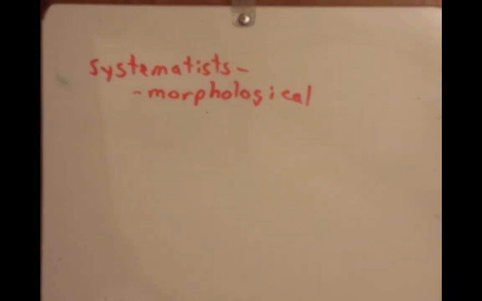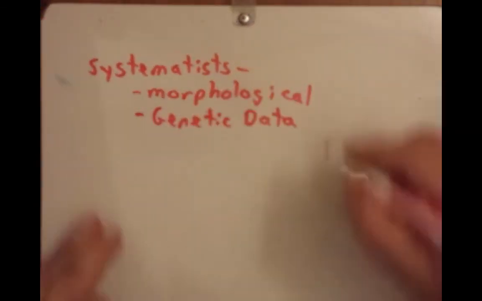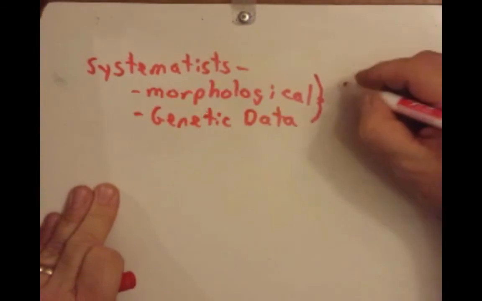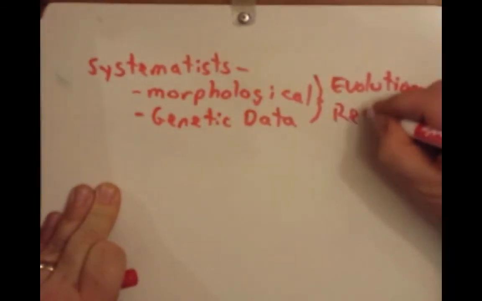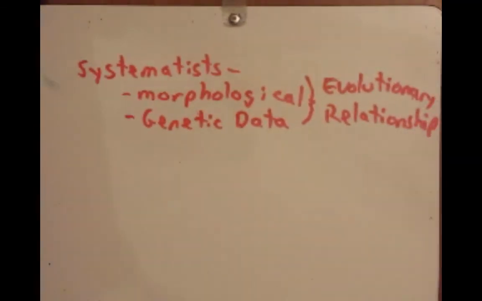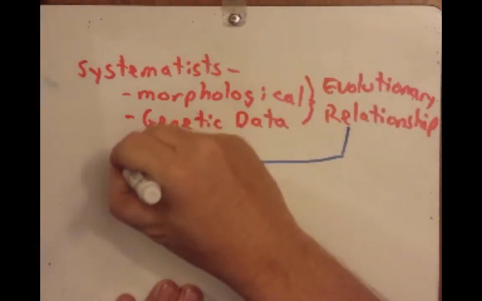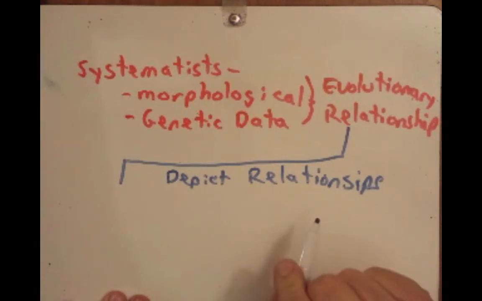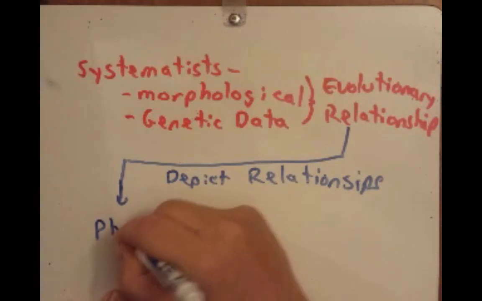These include fossils, but can also come from living and existing organisms. And genetic data to help determine the evolutionary relationship of various organisms. They depict these evolutionary relationships using something known as a phylogenetic tree.